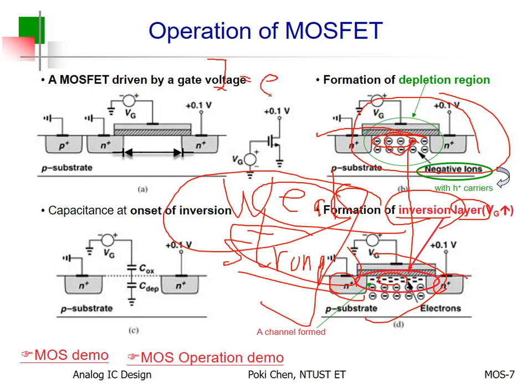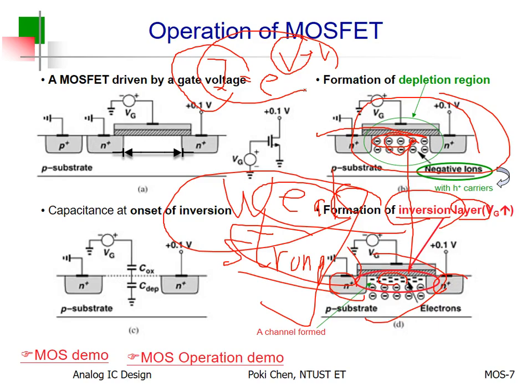The IV equation looks like this. Your gate voltage, the effective voltage, subtract VTH, and the current. Wow, the behavior is much more similar to a BJT. Again, in weak inversion, the MOSFET behaves very similarly to a BJT.